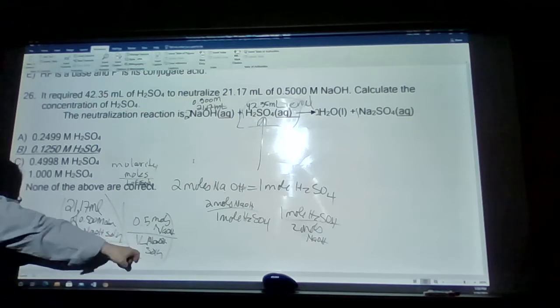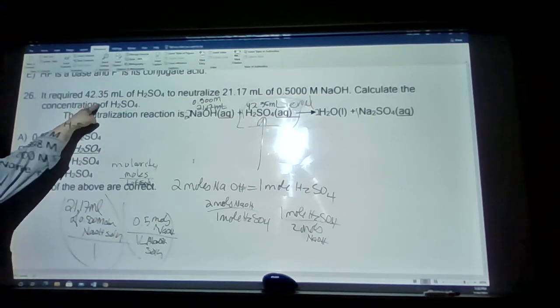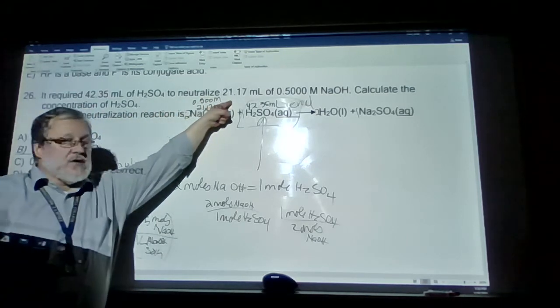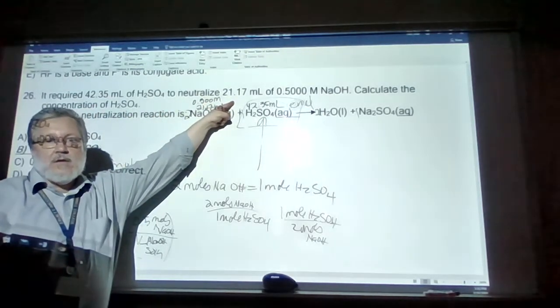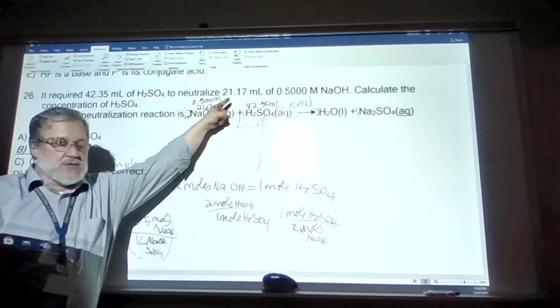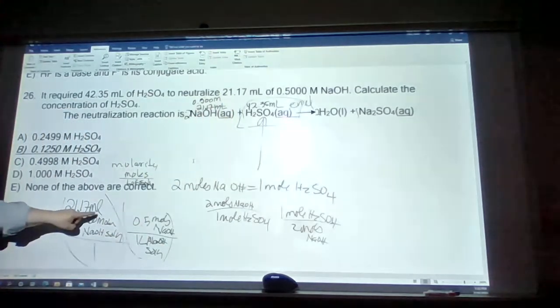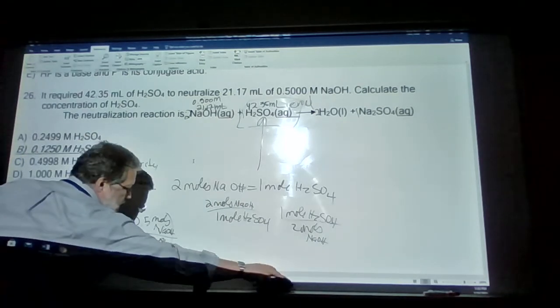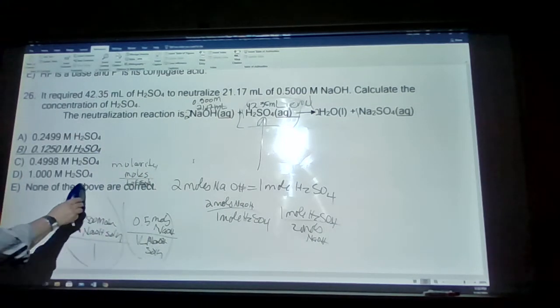But do we have 1 liter of NaOH? No. We only have 21.17 ml of NaOH. So this is in ml, we need to convert it to liters. Divide by 1,000.